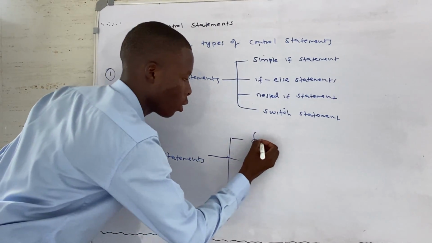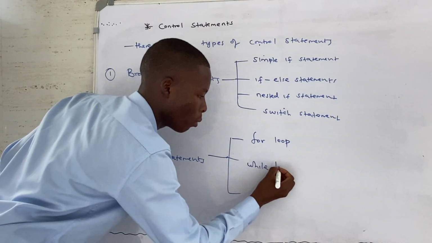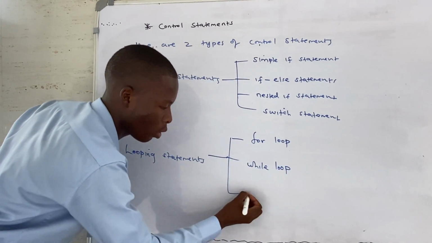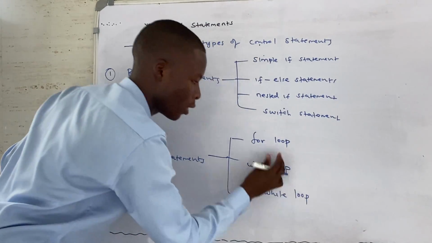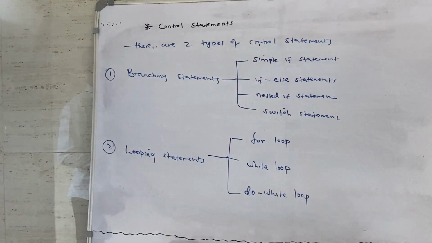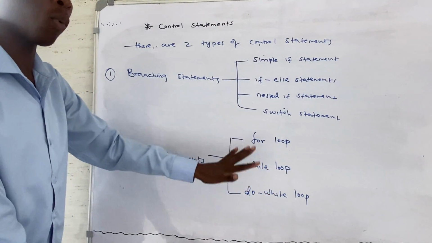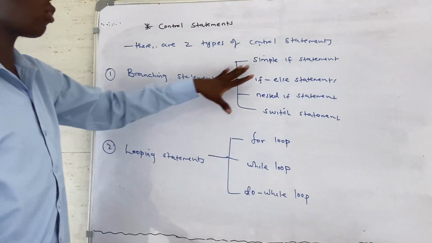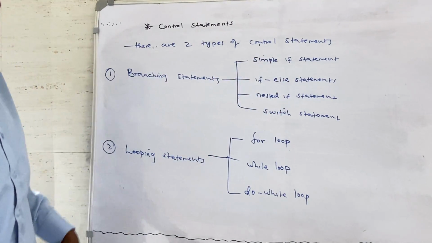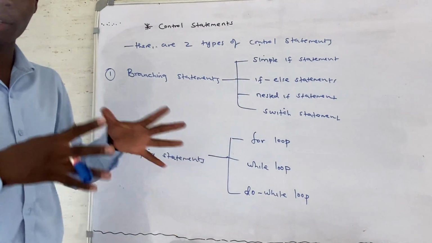We have the for loop, the while loop, and the do while loop. So you should know how to use the for loop, the while loop, the do while loop, the simple if statement, the if else statement, the nested if statement, and the switch statement.